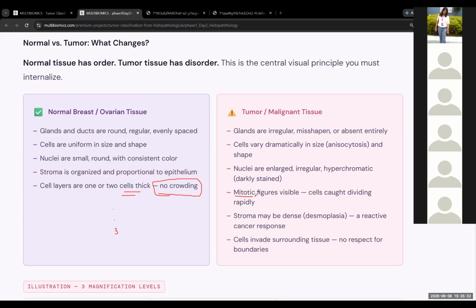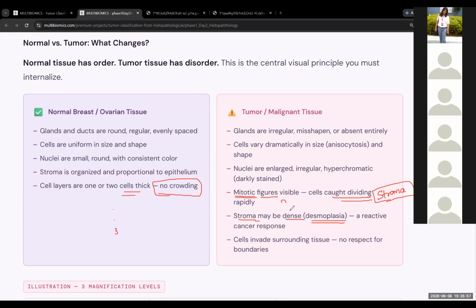I told you why you have to look at the stroma, the nearby area, because here and there you will have mitotic figures. Mitotic means cell division, because they are caught dividing rapidly. Again, the same point: stroma will be dense. Now, this is known as desmoplasia, where the stroma is very dense.